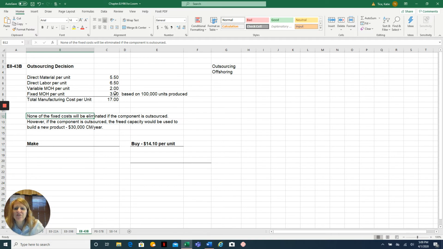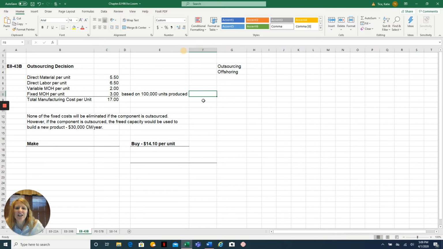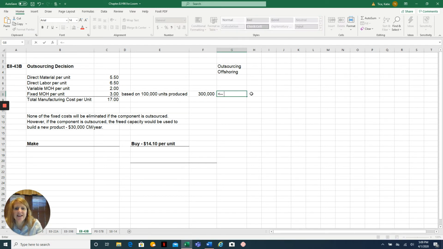Over here, I would just calculate that if it was $3 per unit based on 100,000 units produced, then our total fixed manufacturing overhead would be 300,000. I'm just going to make a note that that's our total fixed manufacturing overhead cost.